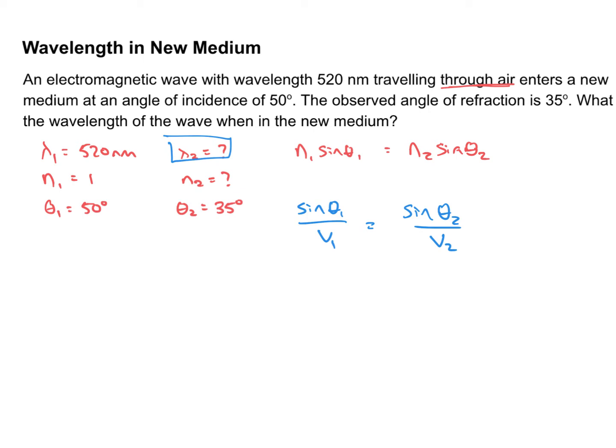Well, I think it's probably best to choose the blue one because there is another relationship that relates speed and wavelength. That is v equals lambda f. Okay, so I can replace the speeds with lambda f's in there, and then hopefully eventually solve for lambda 2.